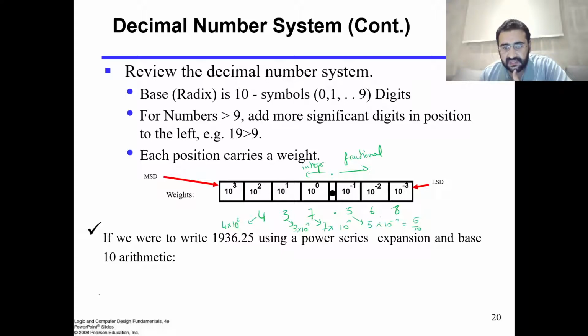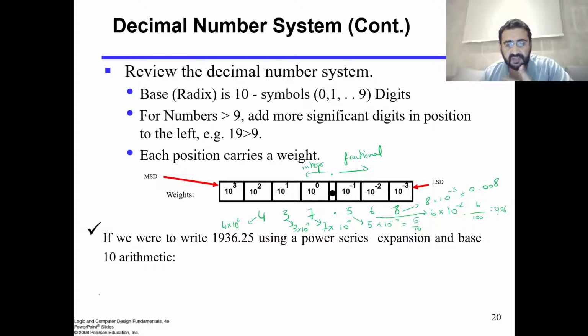The 6 has the value of 6 multiplied by 10 to the power of minus 2, which is 6 divided by 100, which is 0.06. The real value of 8 is 8 multiplied by 10 to the power of minus 3, which is 0.008, and so on.